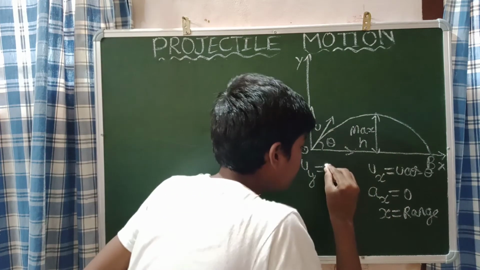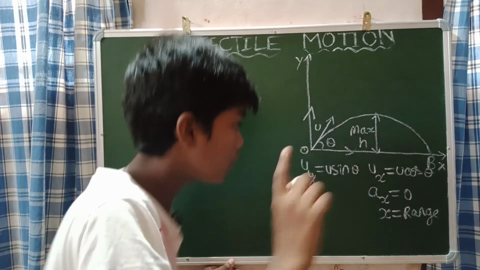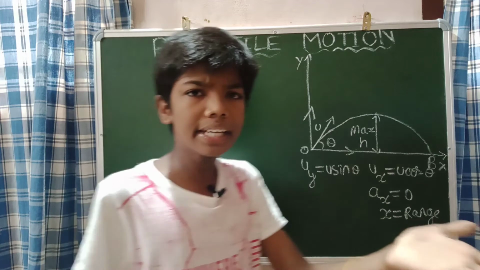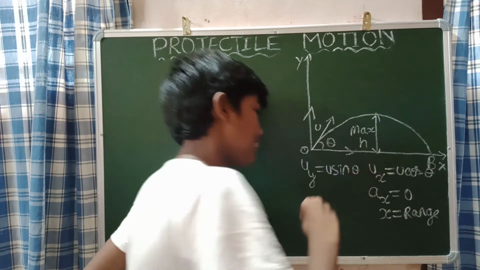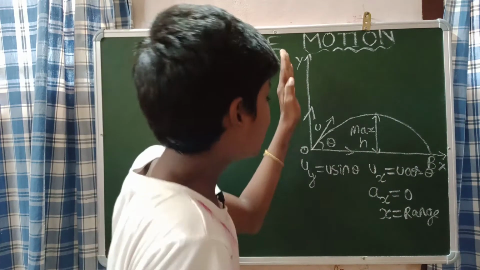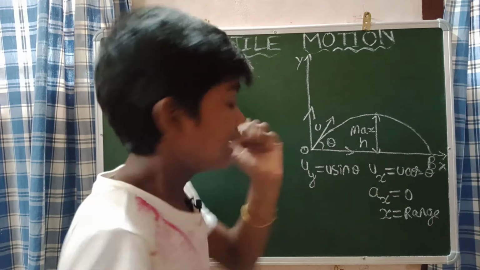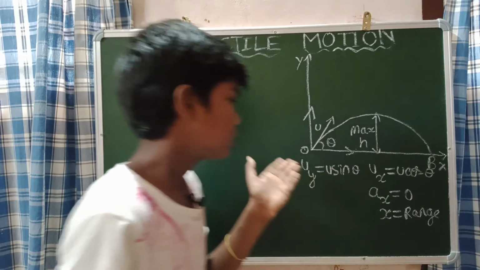It will be equal to u sin theta, guys. Why is it u sin theta? Same as the x component, this angle is theta, so do the sin theta and multiply with the u. You will get this y component of initial velocity. That is what we need to understand here. Now this is u sin theta.